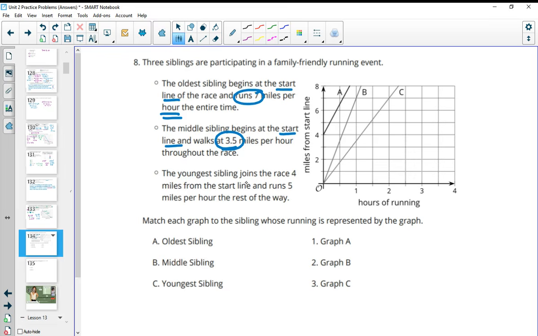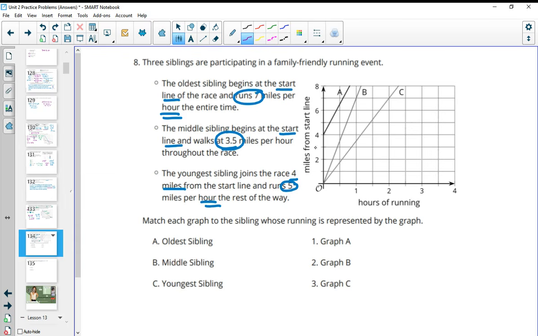Then the youngest sibling joins the race after 4 miles. So they're starting at 4 miles, and then they're running at 5 miles per hour the rest of the way. And now we just want to match these lines to it.